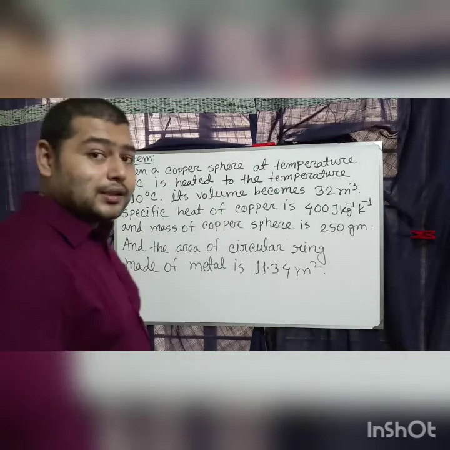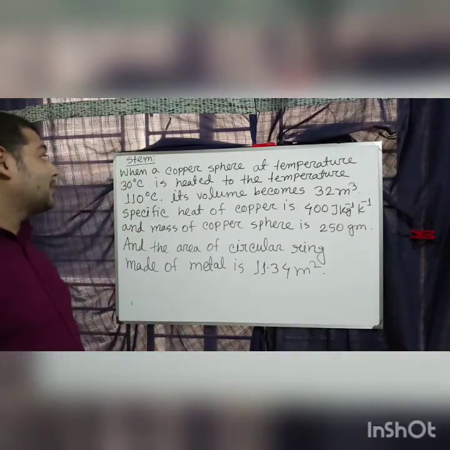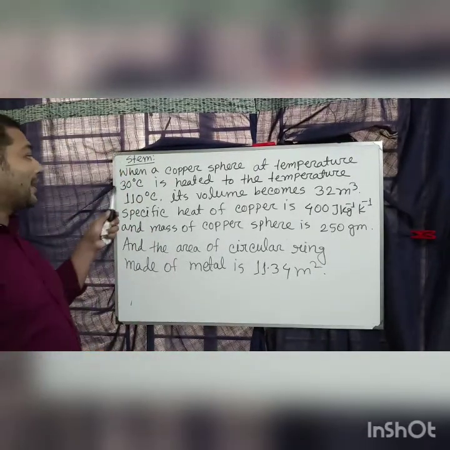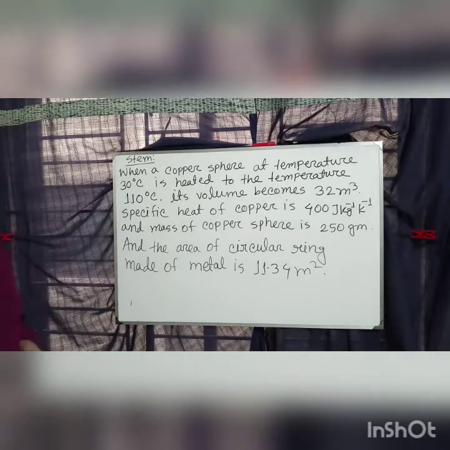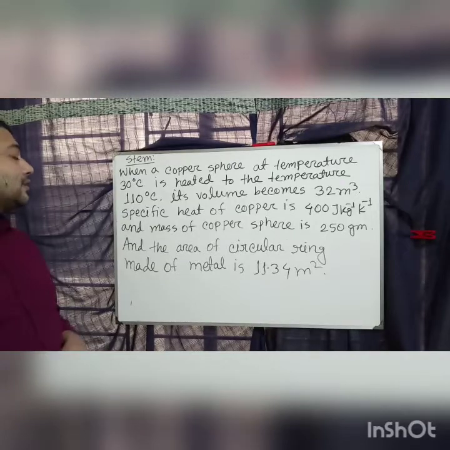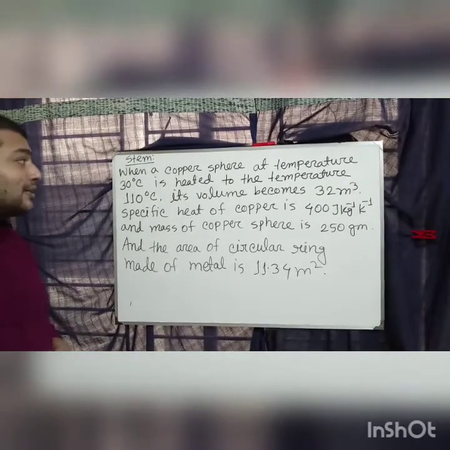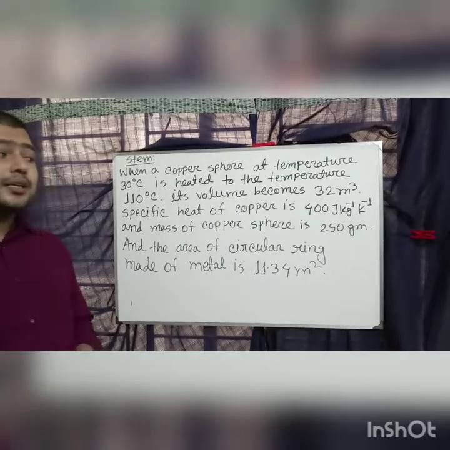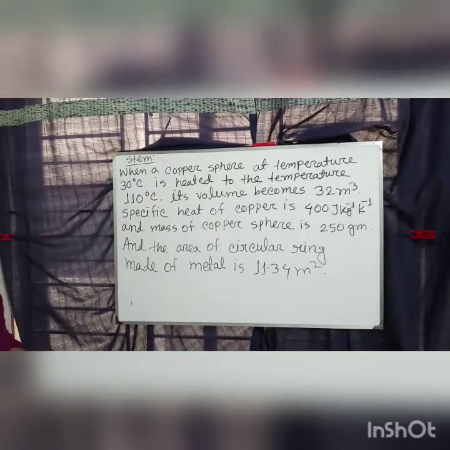So, boys, the stem of our today's creative question is: when a copper sphere at temperature 30 degree Celsius is heated to the temperature 110 degree Celsius, its volume becomes 32 meter cube.